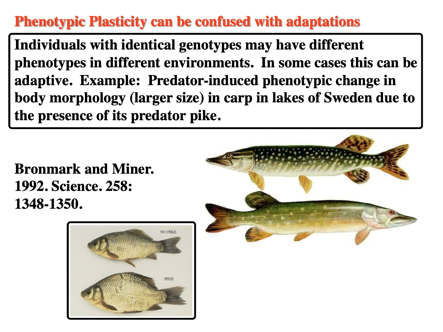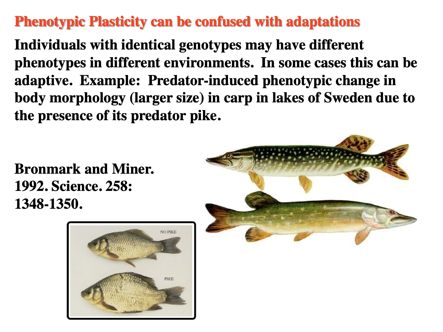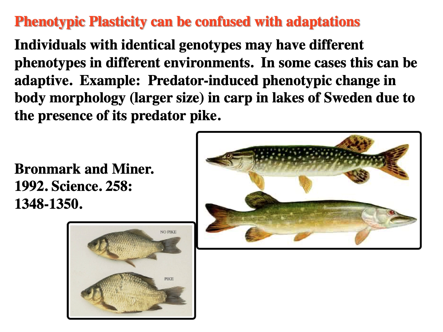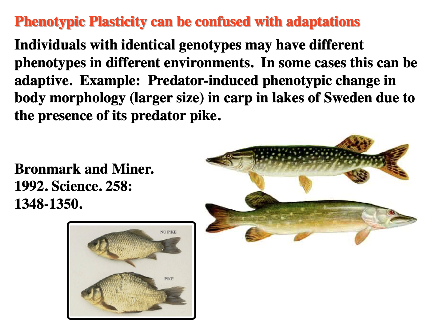And here's one example where there's a change in a particular carp, which can change due to different amounts of predation by this predator pike. And so in some lakes, it will be larger, which will ensure that it's not attacked as successfully as the smaller version when the number of predators in those lakes is higher.